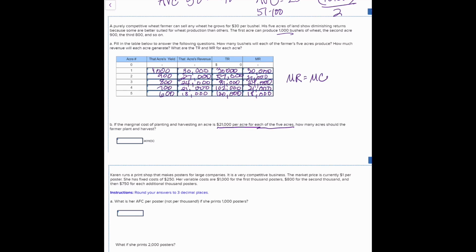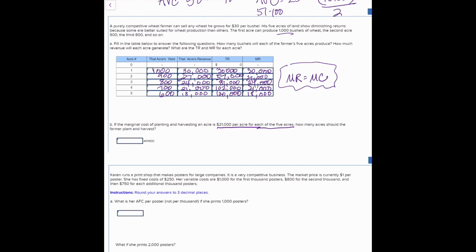And at that point, that's your stopping point. So as long as marginal revenue is greater than marginal cost, you keep going, this firm does. And if the time comes where marginal cost exceeds marginal revenue, then you should have stopped by then. So this is our calculation or our balancing point for profit maximizing output.